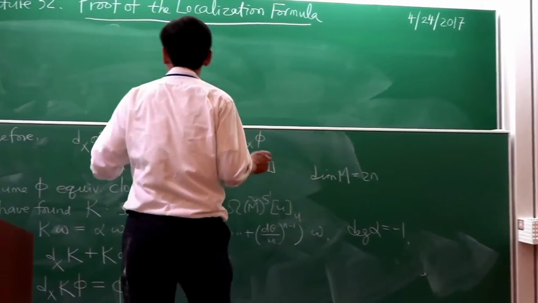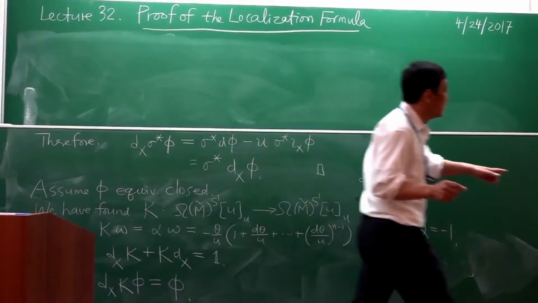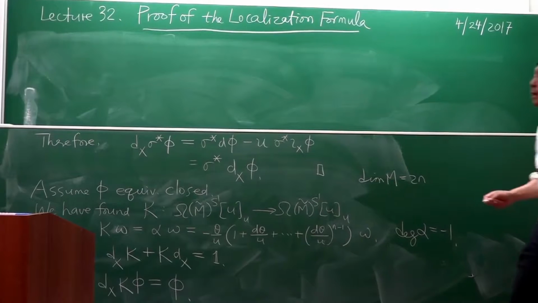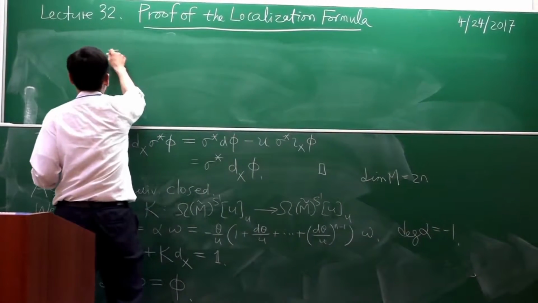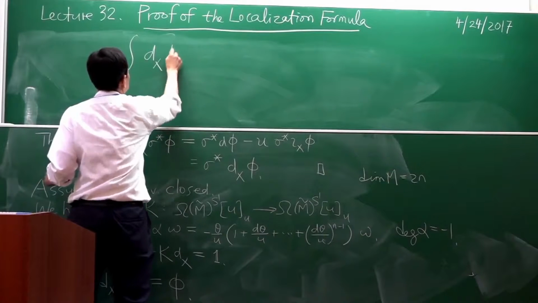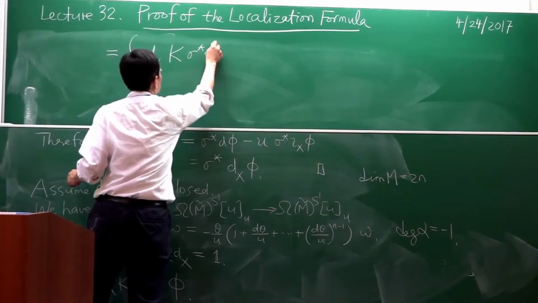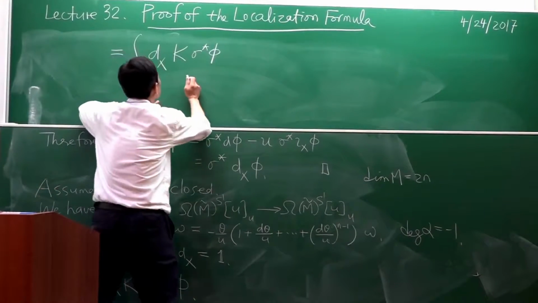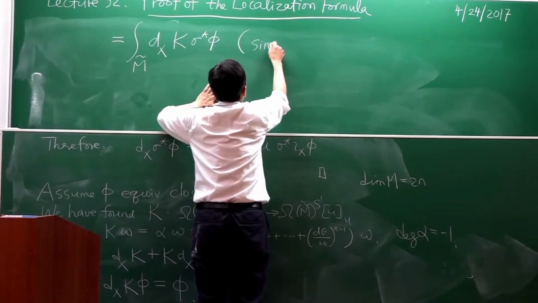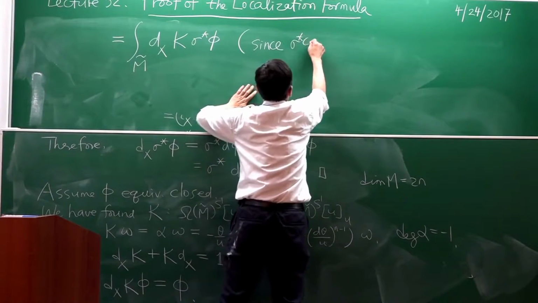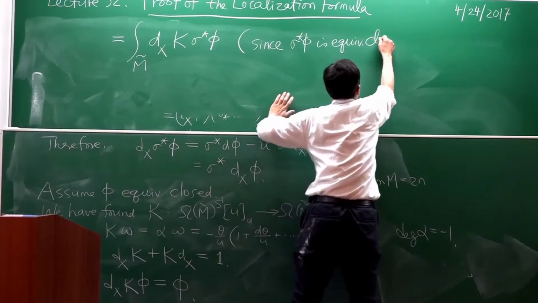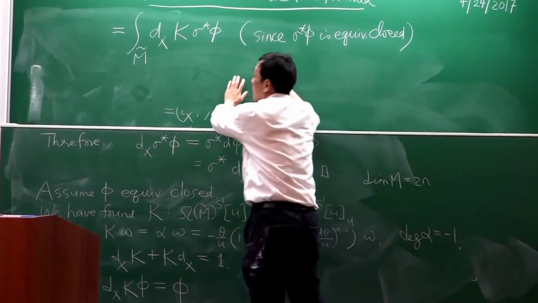So we have now, since this sigma star phi is equivariantly closed, you can write it as d_X k sigma star phi, upstairs.